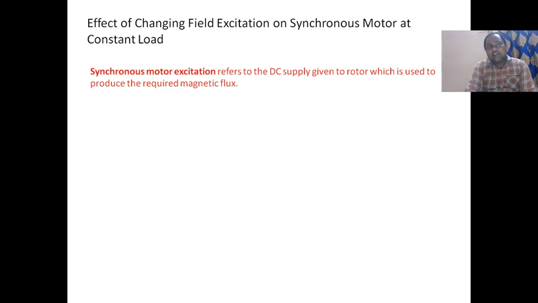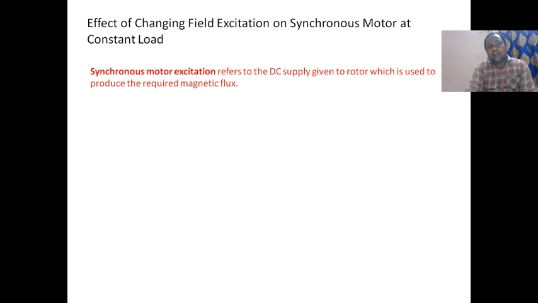In a motor we have two supplies, one is AC supply, another one is DC supply. If you increase the DC supply current, that is nothing but increasing the field current, which means excitation is increasing.